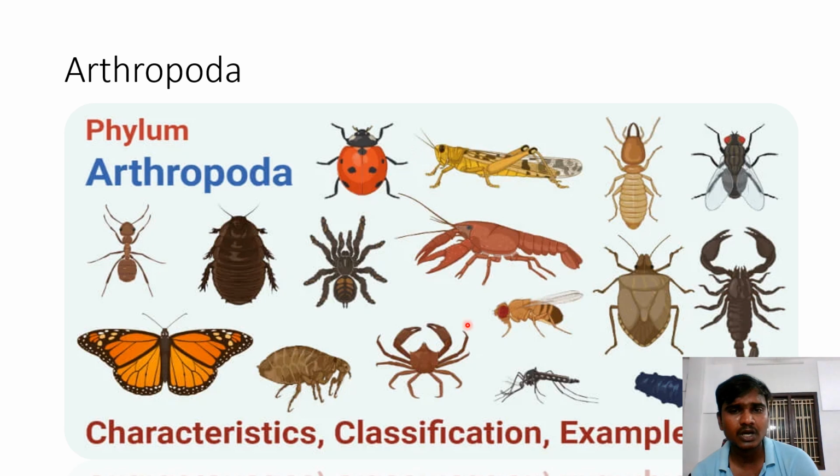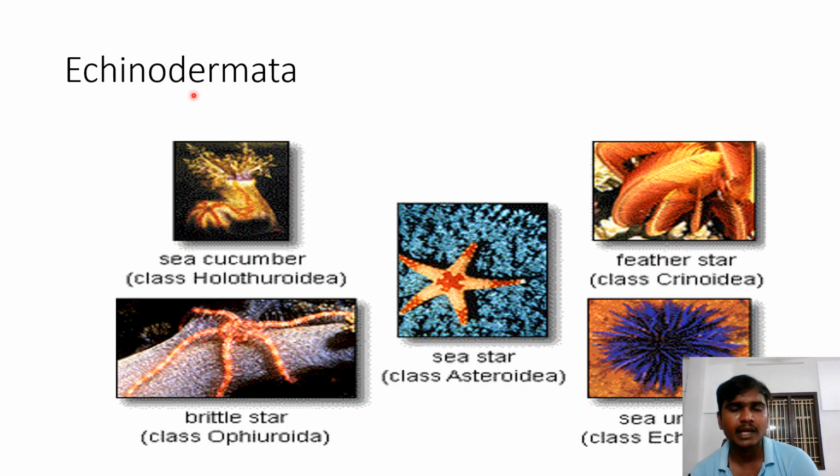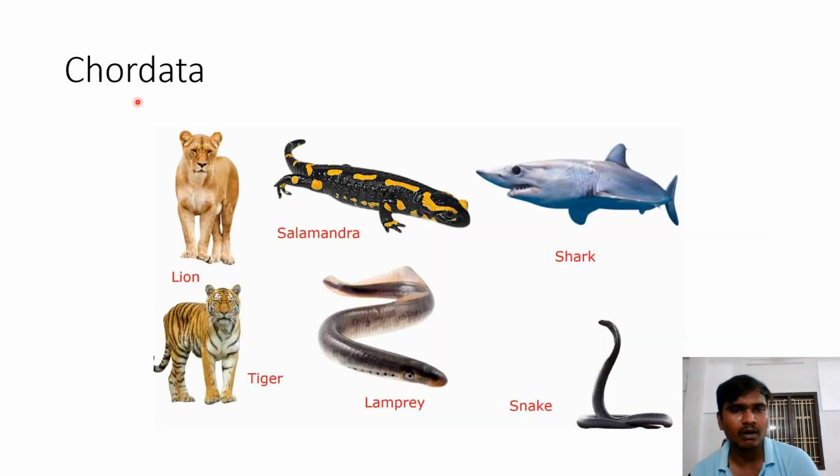These are species of arthropoda, hemichordata, and echinodermata. And chordata species: lion, salamander, shark, snake, lamprey, tiger. These are all the chordata family.